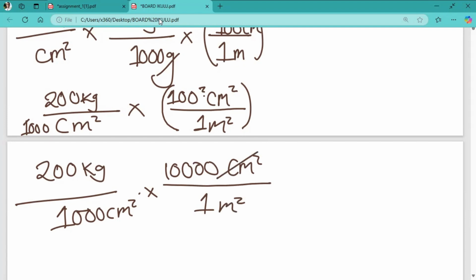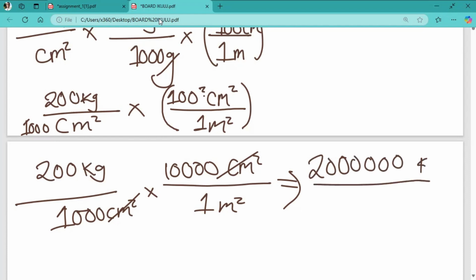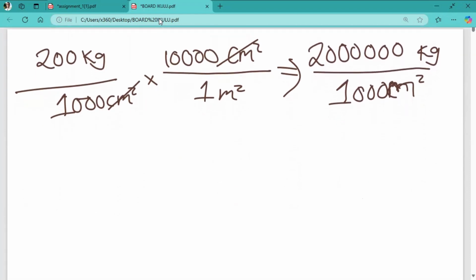So the centimeter squared and the centimeter squared will cancel out. We're going to remain with 200 multiplied by 10,000 to give me 2 million kg over 1000 meter squared. It's now meter squared since the centimeter squared has been cancelled out.